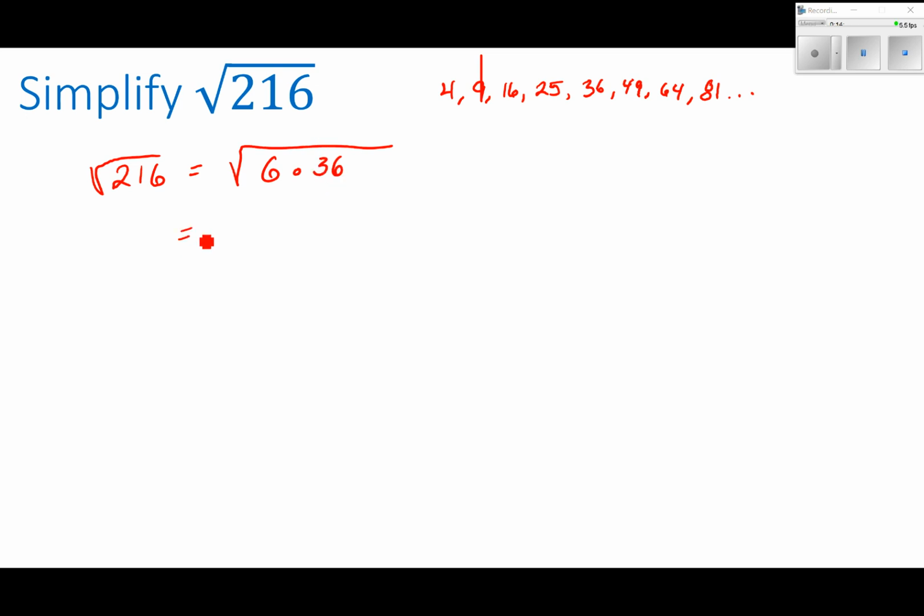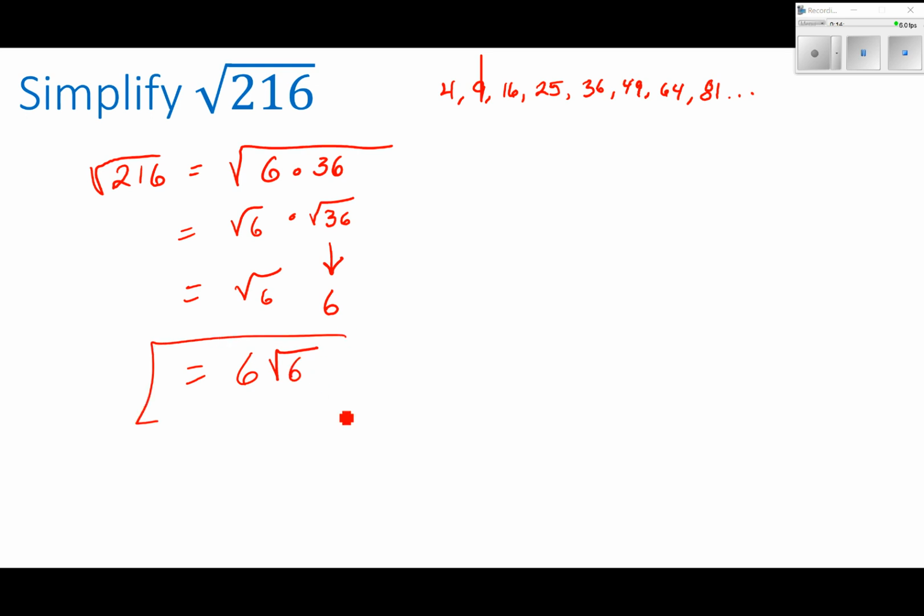But now the benefit of this is I can break this up into root 6 and then root 36. This one we simplify to become just 6. We still have our root 6. And so now my final answer would be 6 root 6. All right, so square root of 216 in simplified form is 6 root 6.